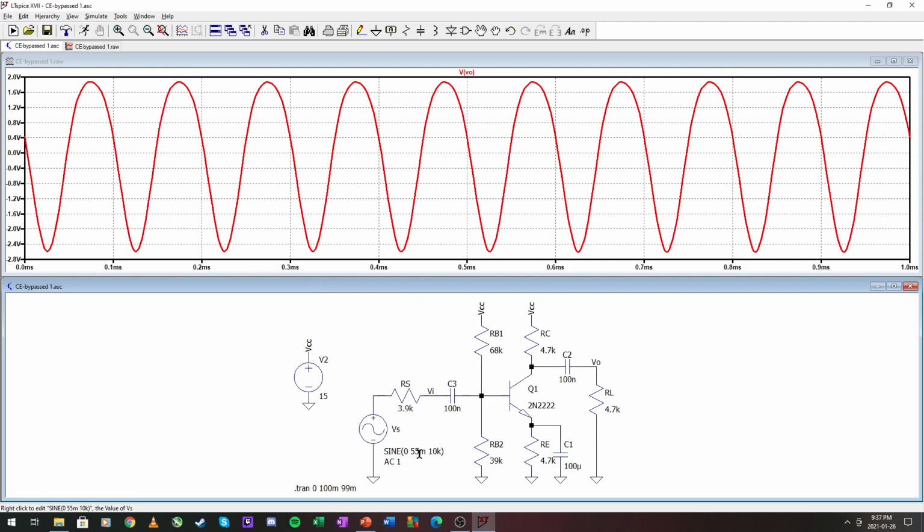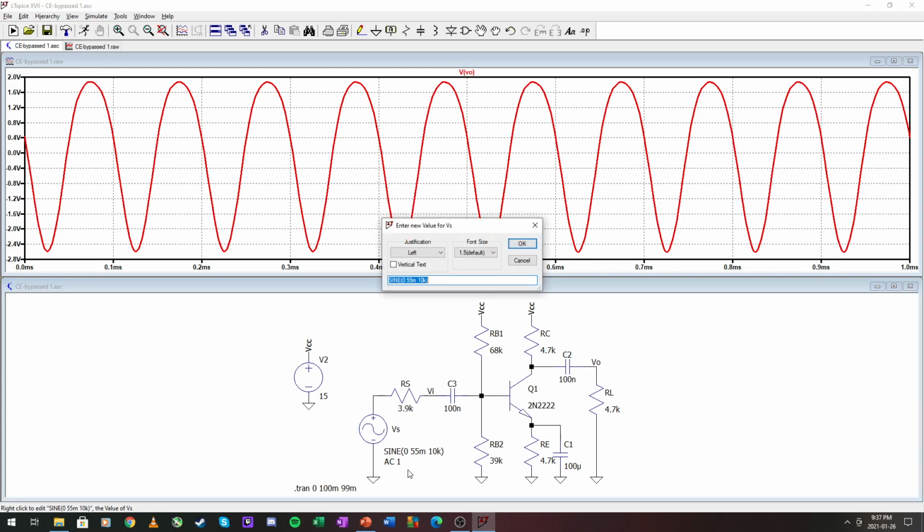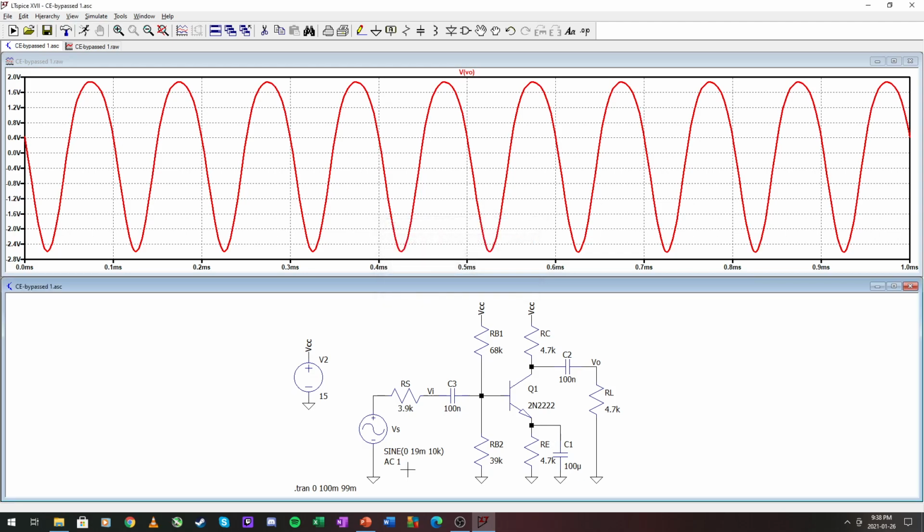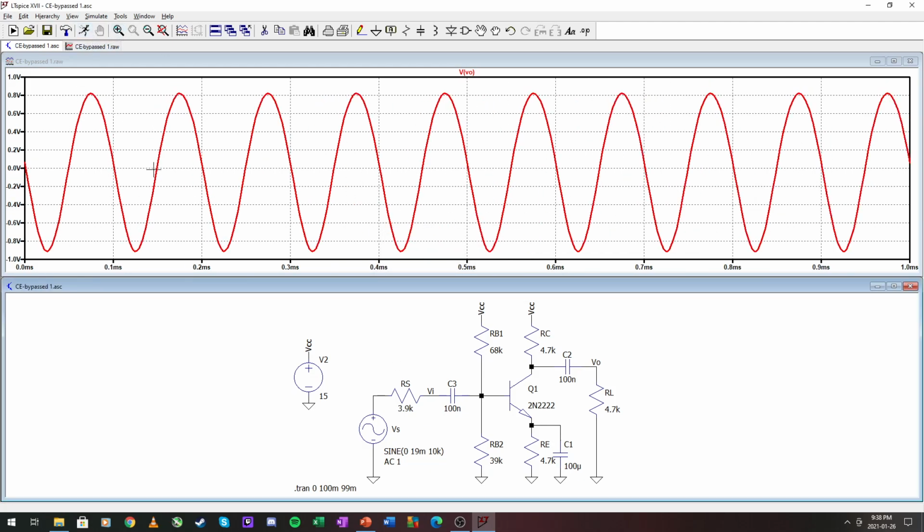Okay, now when we calculate this maximum VBE, or our maximum V pi input here backwards, we determined for this to be linear, our input should be 19.4, let's just call it 19 millivolts, and let's run it.